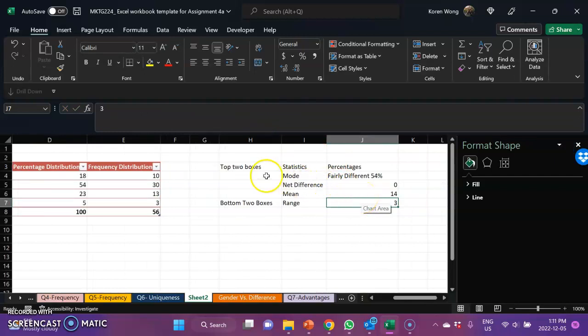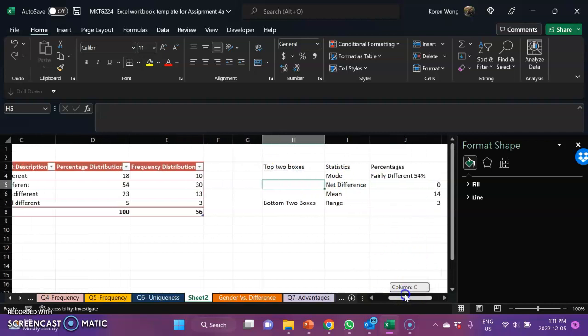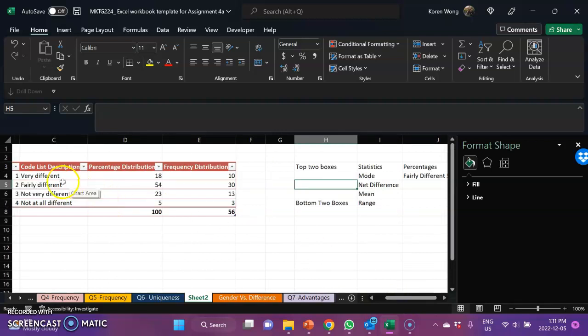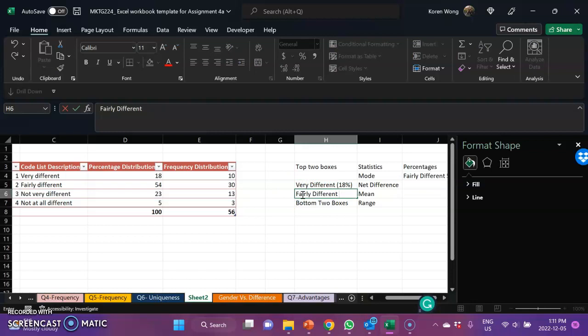How to calculate the top two boxes. So right now my top two boxes are very different and fairly different. So this one, it is very different, and that one, it is 18%. Fairly different, it is 54%.